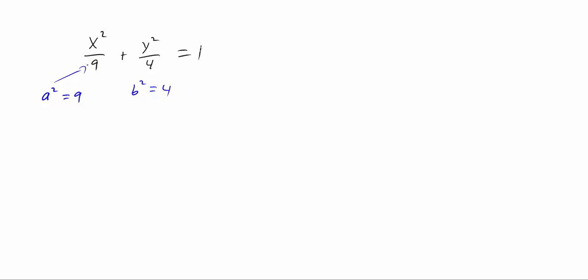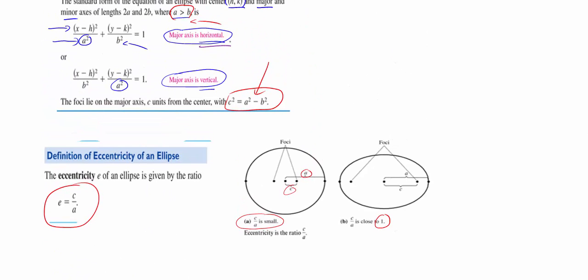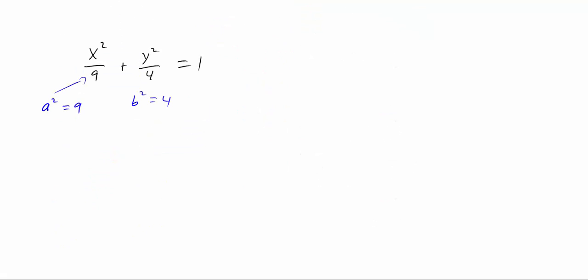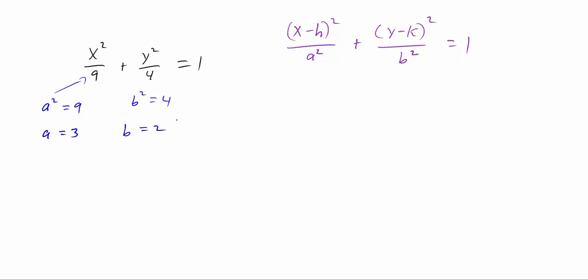So the 9 is underneath the x squared, so that means we're looking at a horizontal ellipse where we have (x minus h) squared. So let's write this down. We'd have (x minus h) squared over a squared plus (y minus k) squared over b squared equals 1. So what this tells us, if a squared is equal to 9, then that means a is equal to 3 and b is equal to 2.